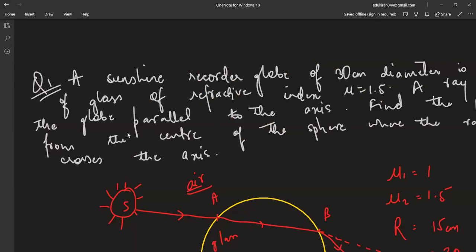It means object distance is infinity. We have studied this fact before in the laws of reflection. It is also clearly telling you sunshine recorder. Even that parallel axis information was sufficient, but now it is mentioning it to you.